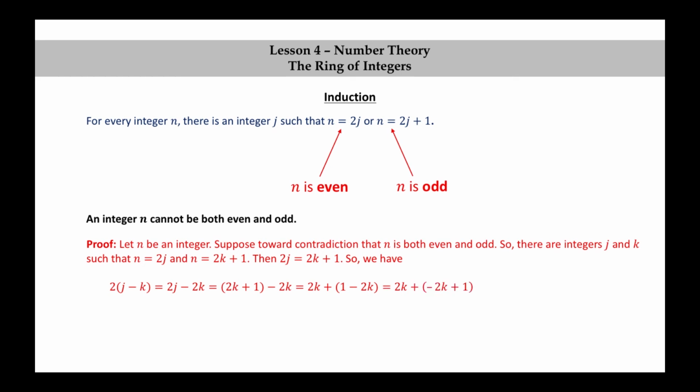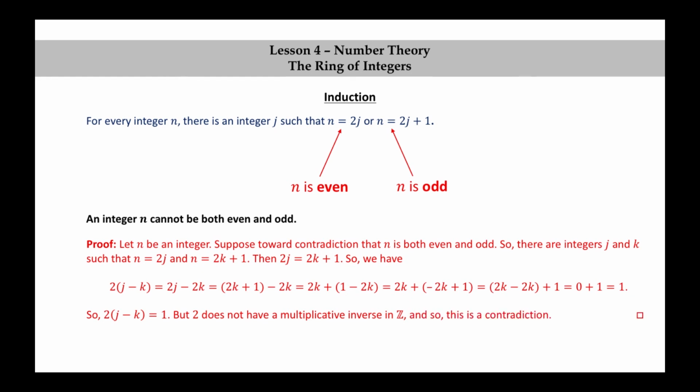Using commutativity of addition, we have 2k plus negative 2k plus 1. Associativity again to get 2k minus 2k plus 1. Now 2k minus 2k is 0, and 0 plus 1 is 1. So 2 times j minus k is equal to 1, but 2 does not have a multiplicative inverse in the set of integers, and so this is a contradiction.